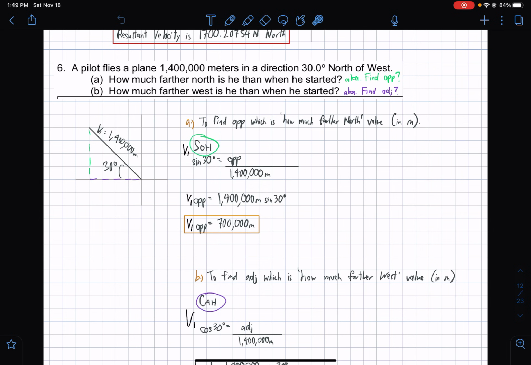So I hypothesize that this is basically asking for the opposite side, the length or the measurement of the opposite side, and that's also the same for letter B, but this time the measurement for the adjacent side. Since how much farther west? How far to the left did he go?